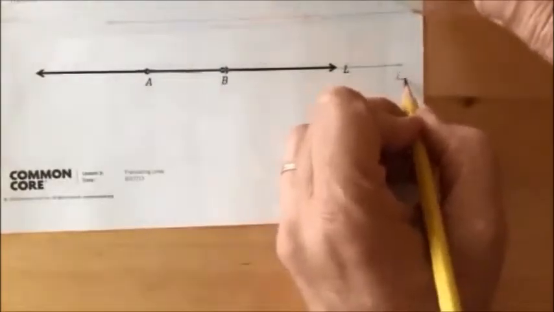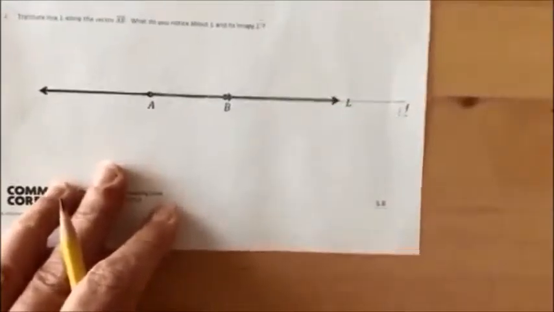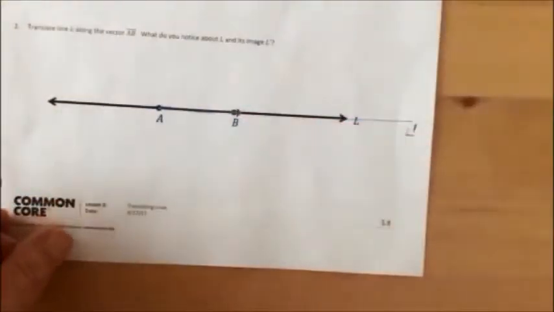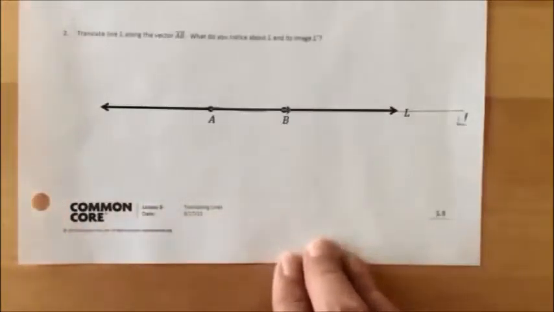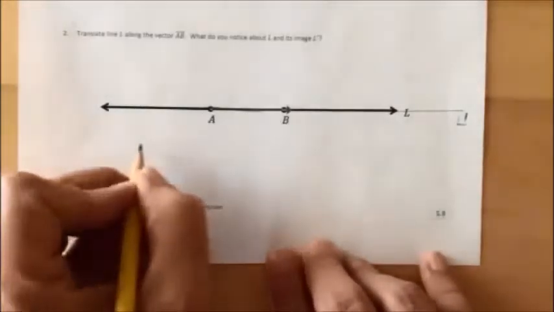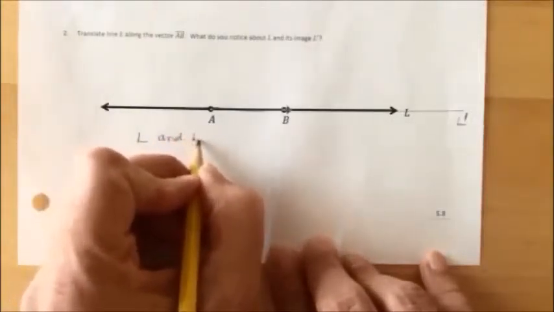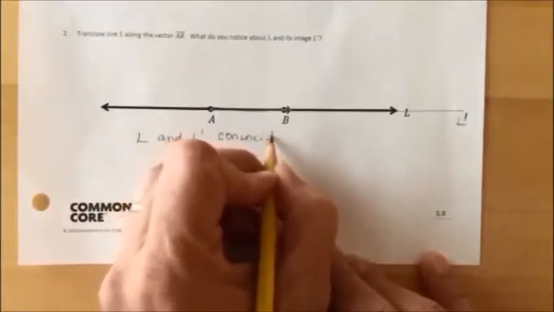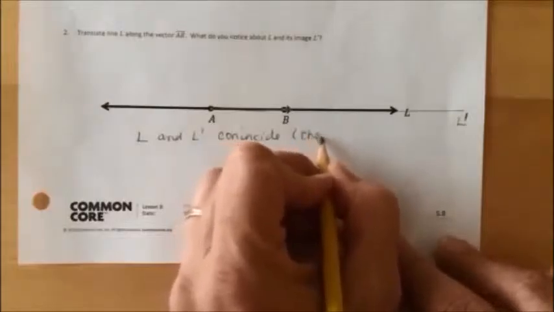There's L, and we'll call it L prime because it's the image. What happened was, when the vector was part of the line, L and L prime coincide, or they're the same line.